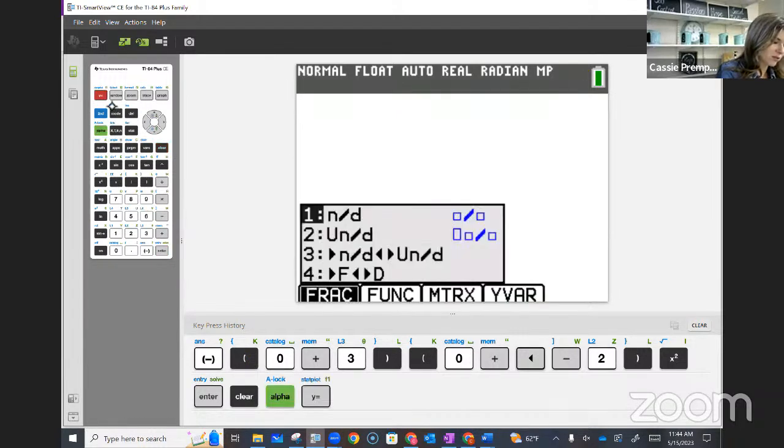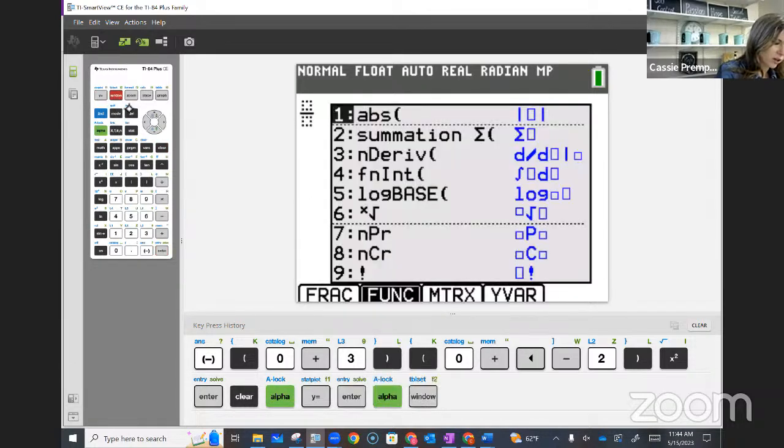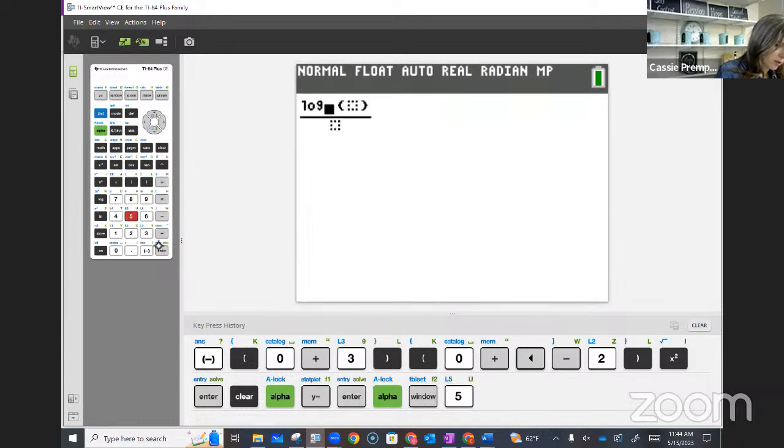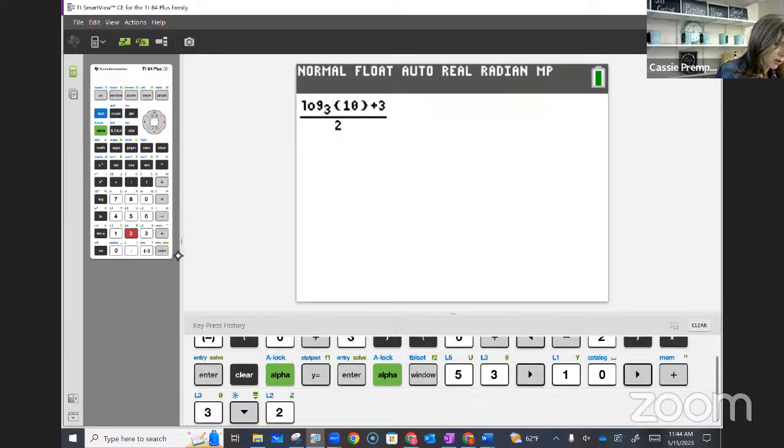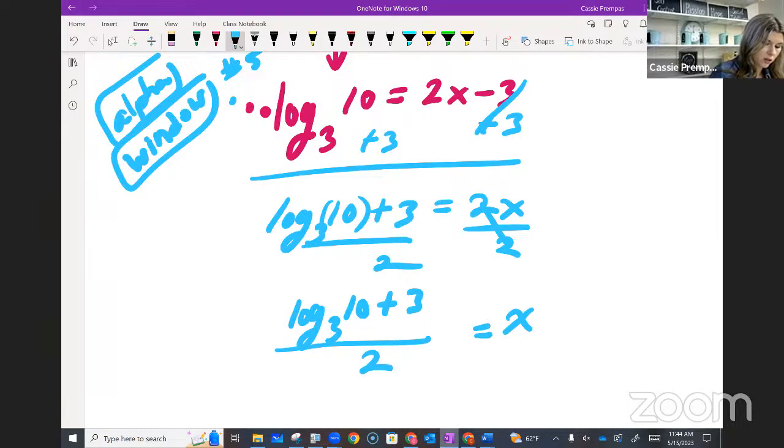Alpha y equals n over d. And then I can do alpha window log base. I need number 5. Log base 3 of 10 plus 3 divided by 2. And it tells me that exact answer is 2.548. And I put that in.